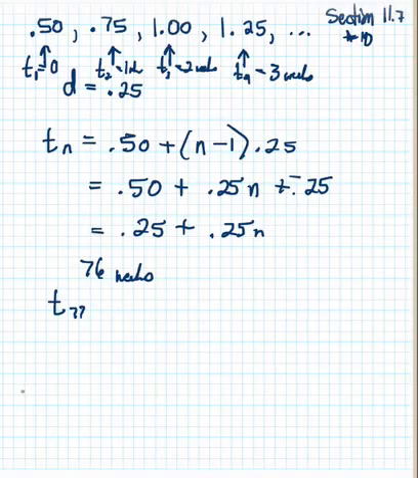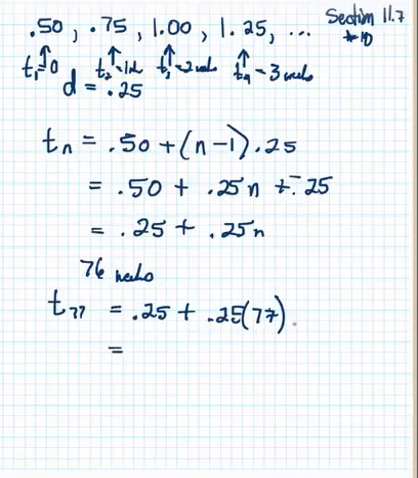All right, and then what amount do you deposit at the end of the 76th week? Well, that's going to be T sub 77. So it's going to equal, whoops, not 50, 25 cents, plus 25n. And n is 77.